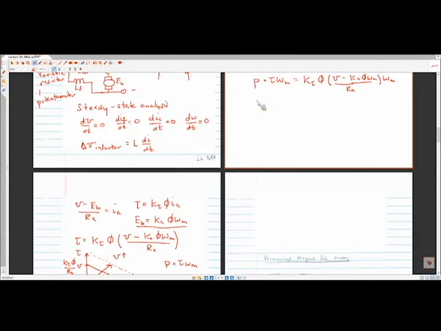So dP/d omega m is going to be equal to k tau phi over Ra times V minus 2 k tau phi ka phi omega m, two phi's in there, over Ra. Then you're asking, what would be the peak power speed?